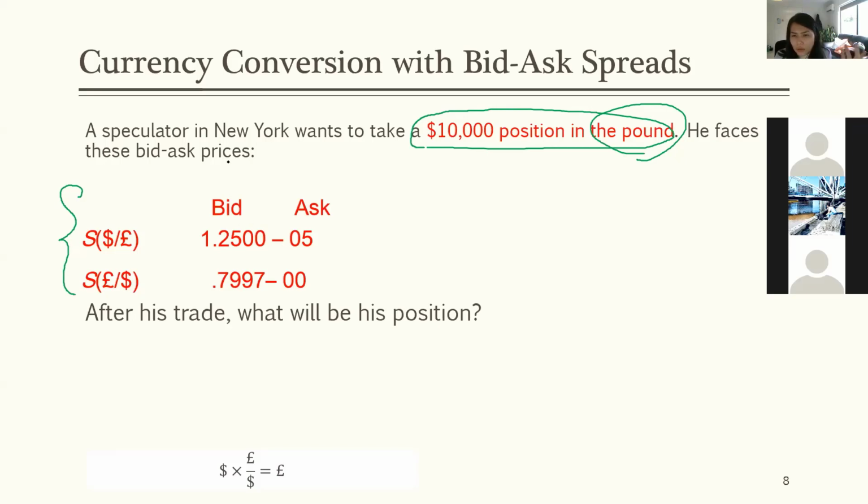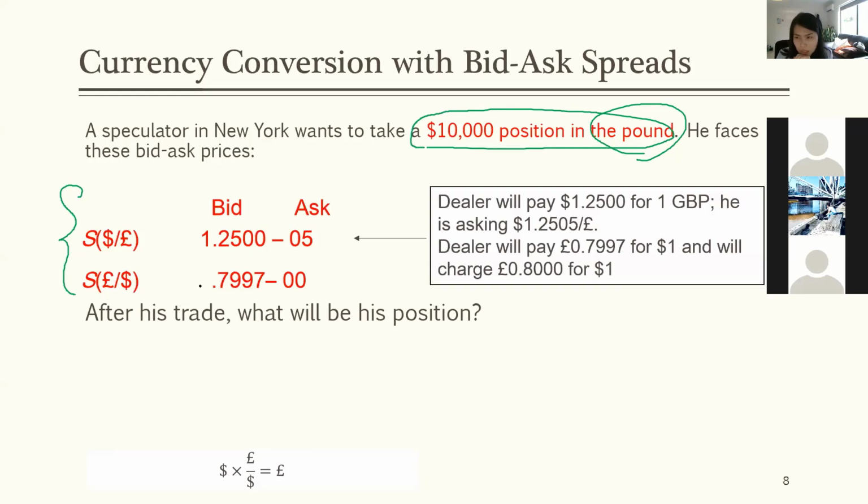We go to a bank and see these quotes on the bank screen. What do these numbers mean? If we look at the dollar over pound exchange rate, these rates are telling me that if the bank is buying pounds, they will be buying at 1.25 USD, and if they sell, they are selling at 1.2505.